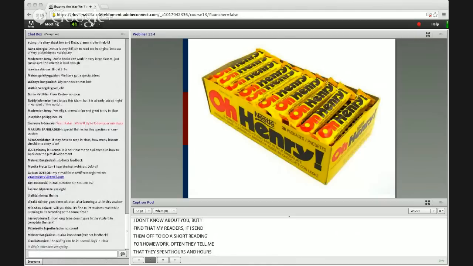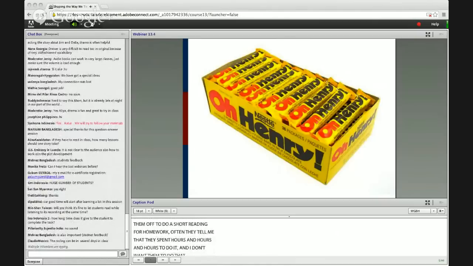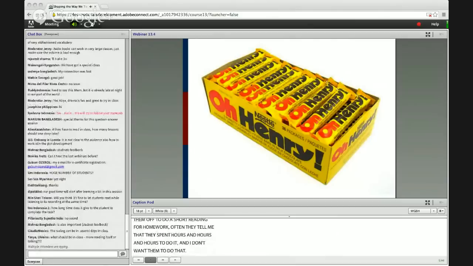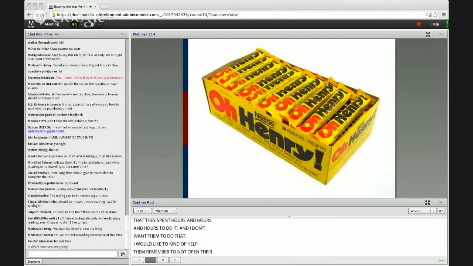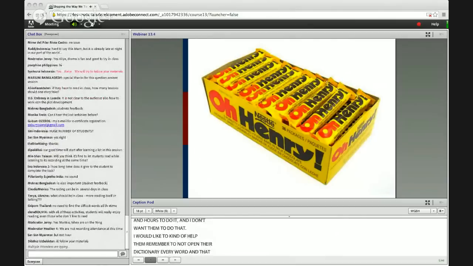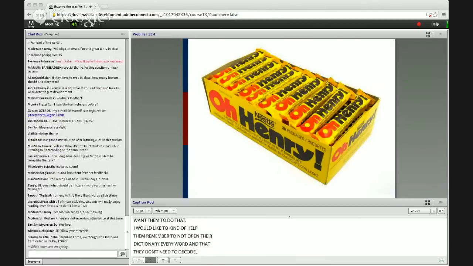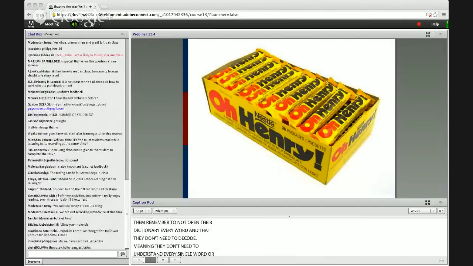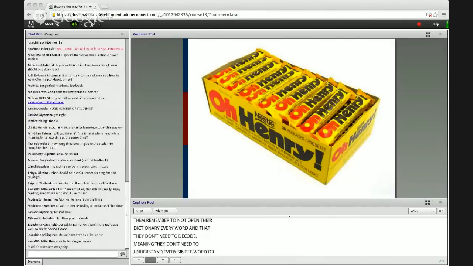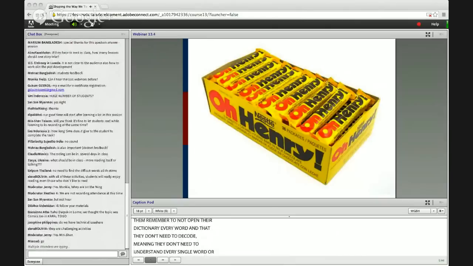I would like to help them remember not to open their dictionary for every word, and that they don't need to decode, meaning they don't need to understand every single word or every single idea, but just to try for general understanding, because that's what we generally do in our native language as readers.